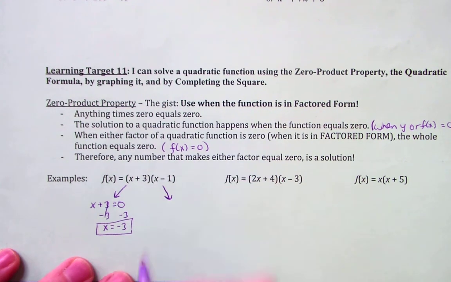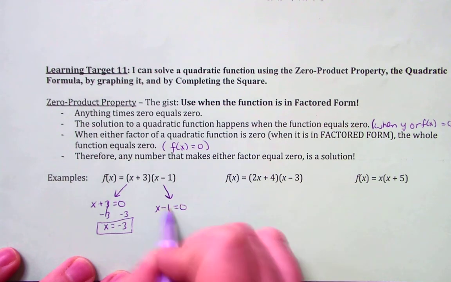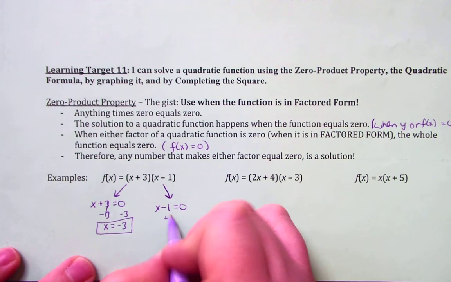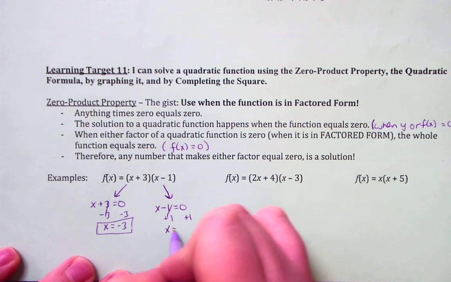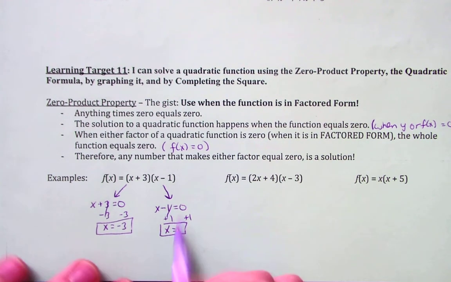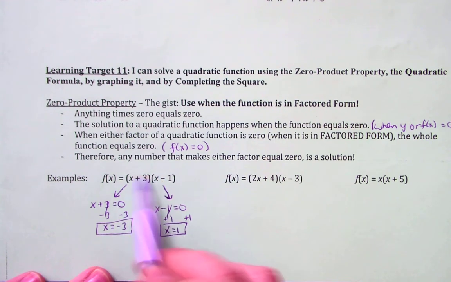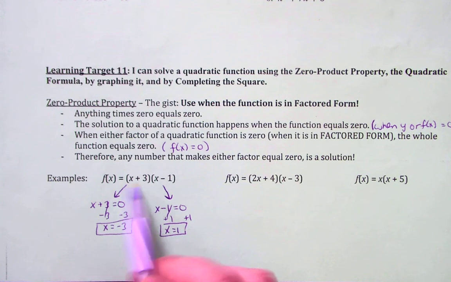We can also think about this second factor. If we figure out what x has to be here to make that equal to 0, we know that if we add 1 to both sides, x equals 1. So if x is 1, this factor is 0, which means 0 times whatever that other factor is will be 0. So f of x is 0 when x is 1, which means that's an x-intercept, because x-intercepts happen when y is 0.